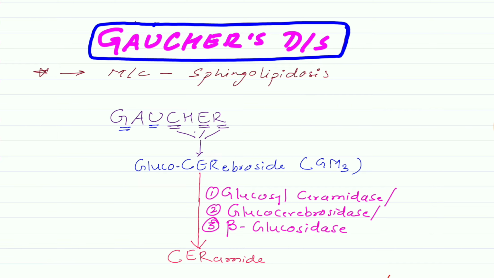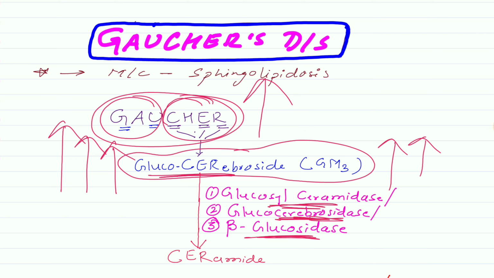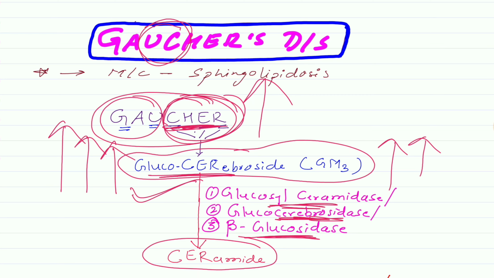In this disease the glucocerebroside or GM3 gets very high and accumulates. This sphingolipid gets accumulated in the body. Ceramide is formed after the degradation of glucocerebroside. And from this we remember that this is the most common sphingolipidosis.